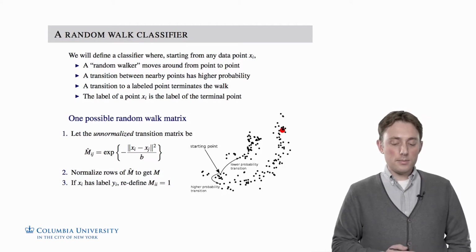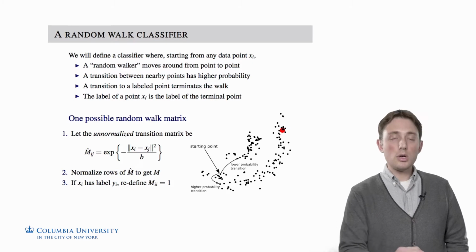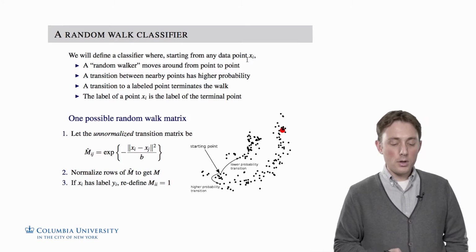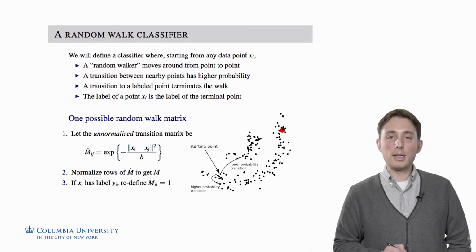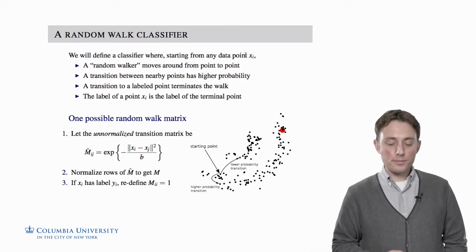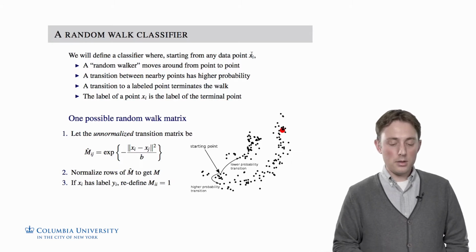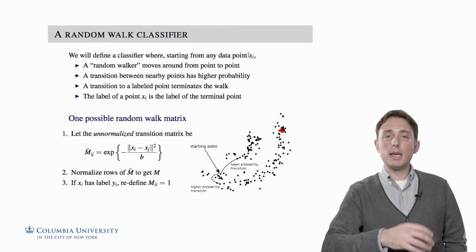So in this case, the modeling motivation is to start a random walk at a particular point xi. We're going to define a classifier where we take any particular point that we want to label. For example, we want to label xi. It doesn't have a label. And we start a random walk at that point. So the random walker at xi moves between the data points.